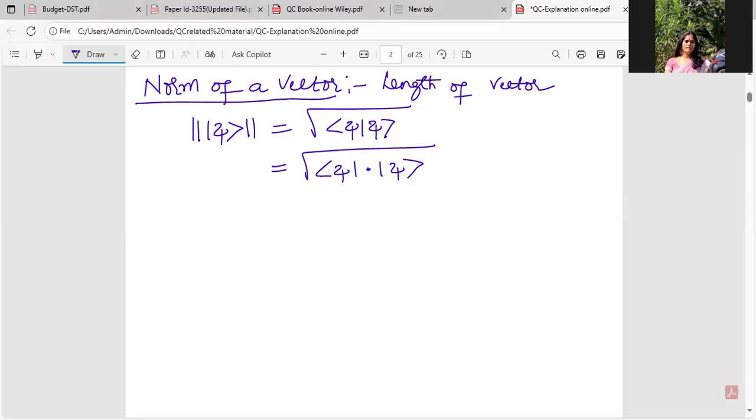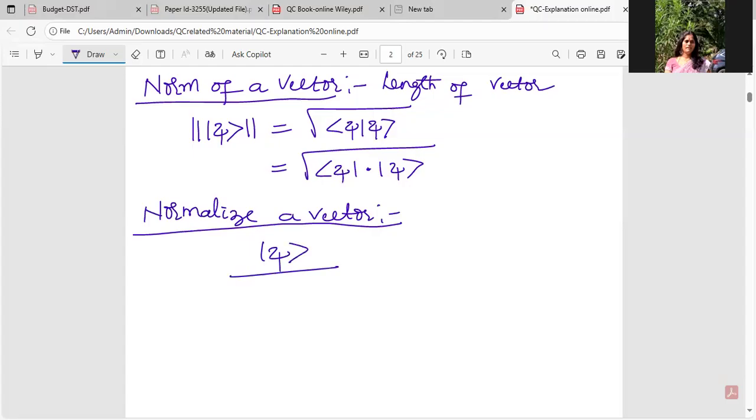Now, how do I normalize a vector? As in vector spaces we have seen on the real line, here also, to normalize a vector or a ket, it is ket xi divided by its norm.